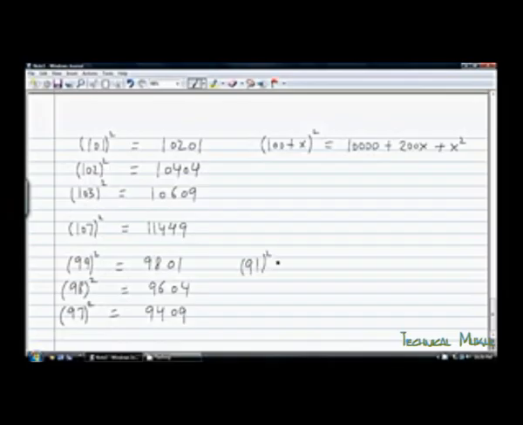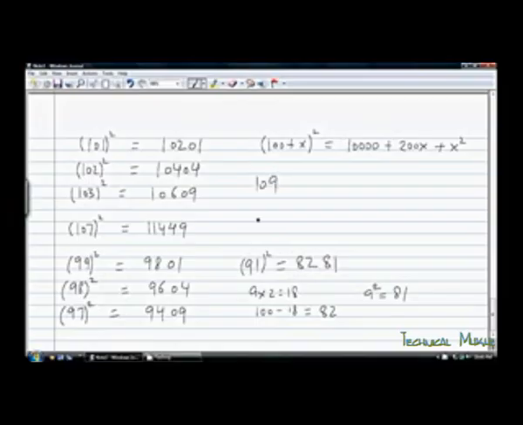So 91 squared is equal to, 9 times 2 is equal to 18, and 100 minus 18 is equal to 82. I will write 82 here, and then 9 squared is 81, so I will write 81 here. So 8281.